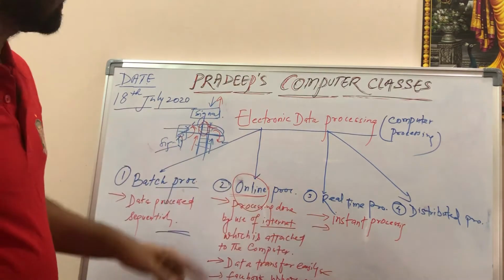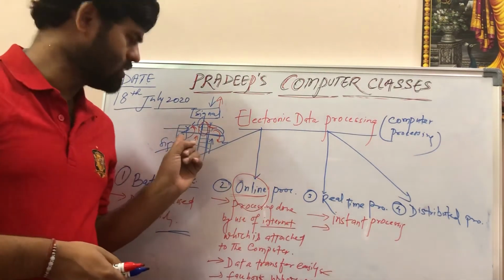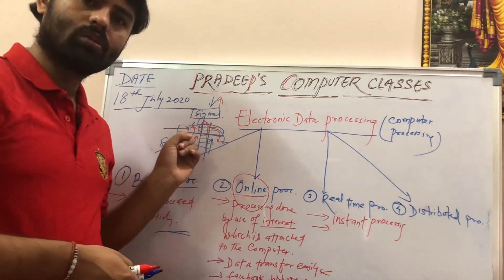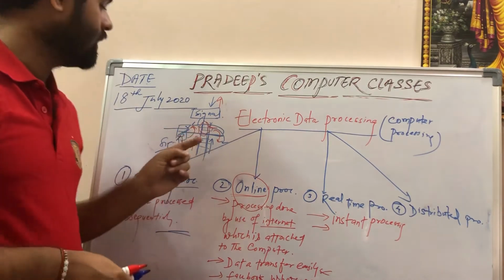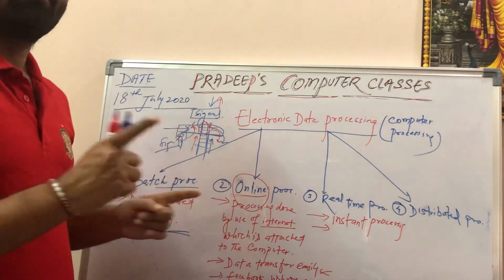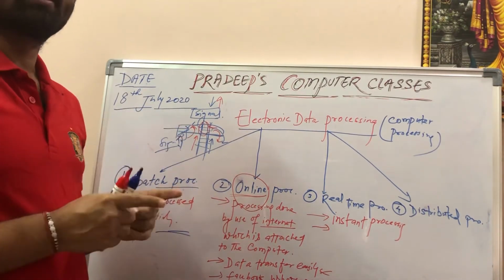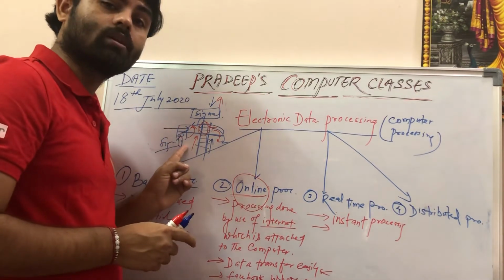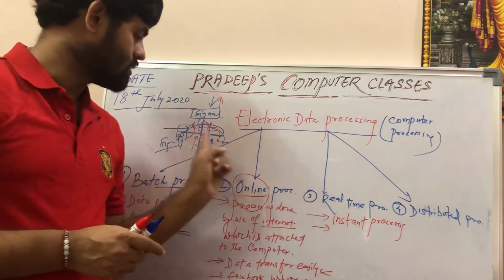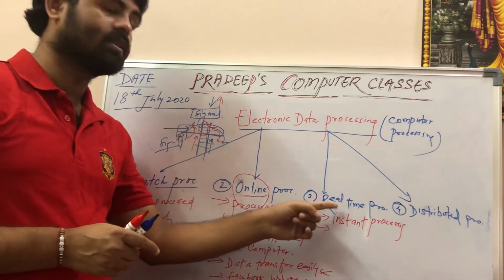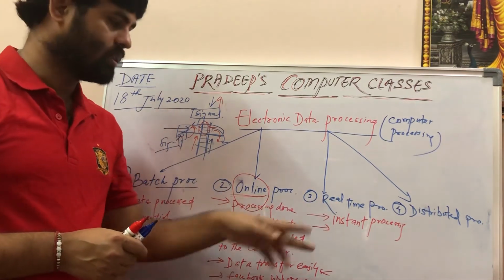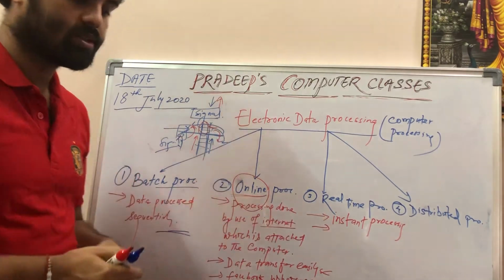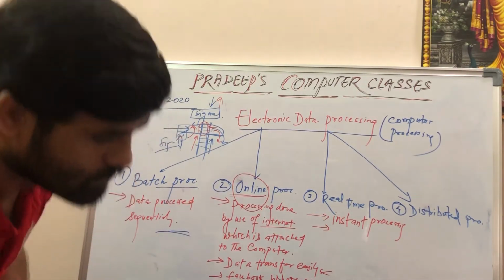So do you think that in this signal processing there is no computer? Think about that. In every work, a computer is there. So here also the computer is there. The process happening here at the signal is the real-time processing. That is the instant processing. Just understand, it will be interesting.